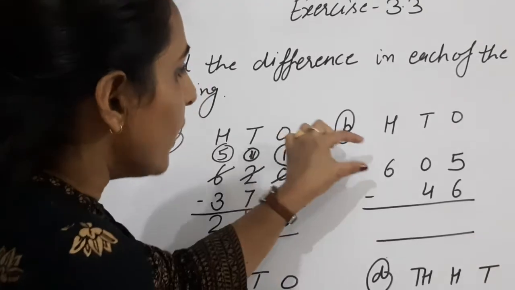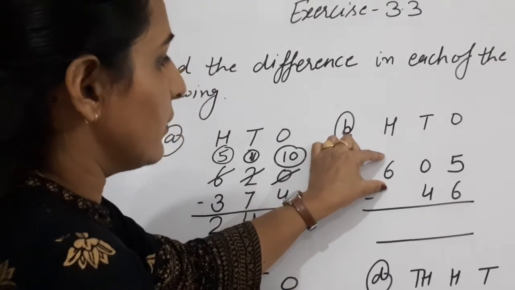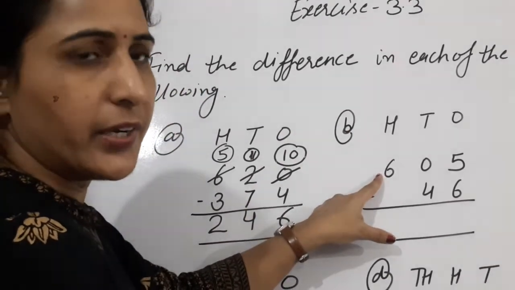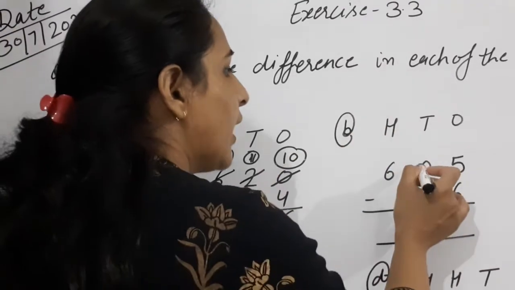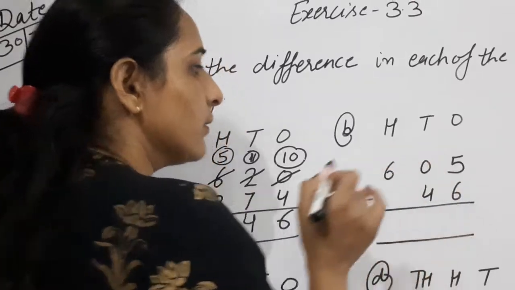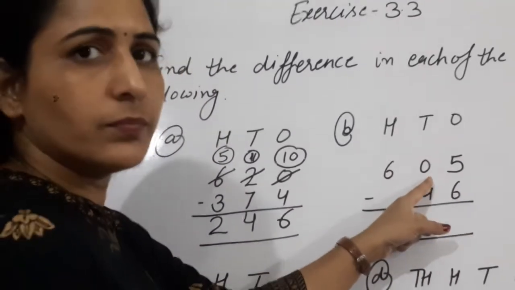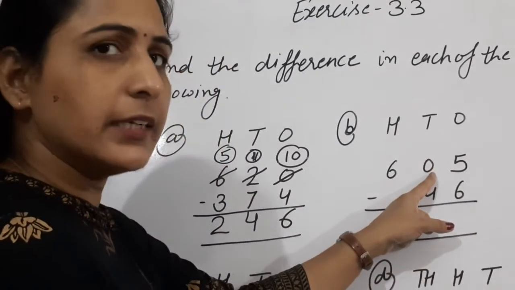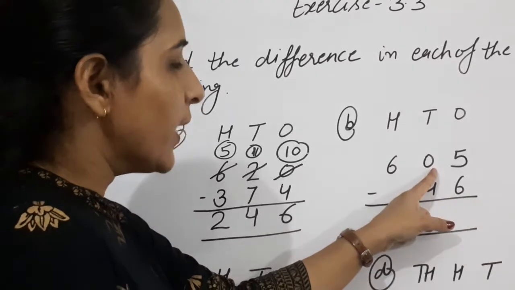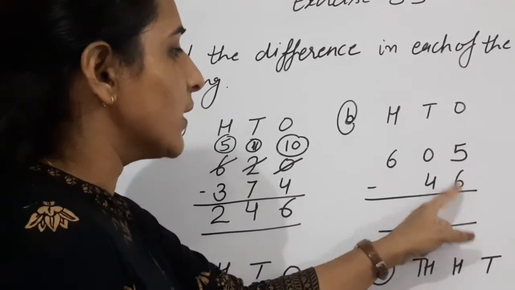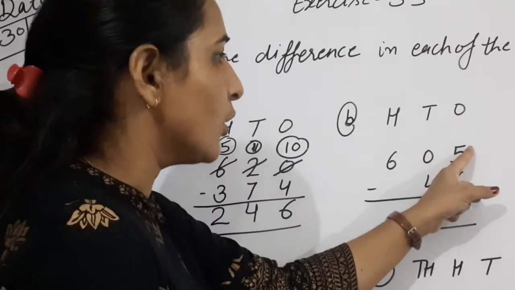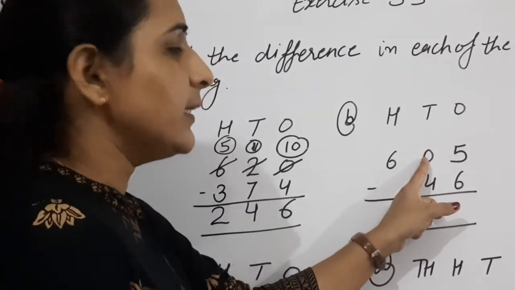Clear? So from 100 there. Here is 600. So from 600 when we take carry, now it is 10. When we take carry from 6 there, it is 10. And there is 5. So for subtracting these ones, we take carry from there also, from 10 tens.